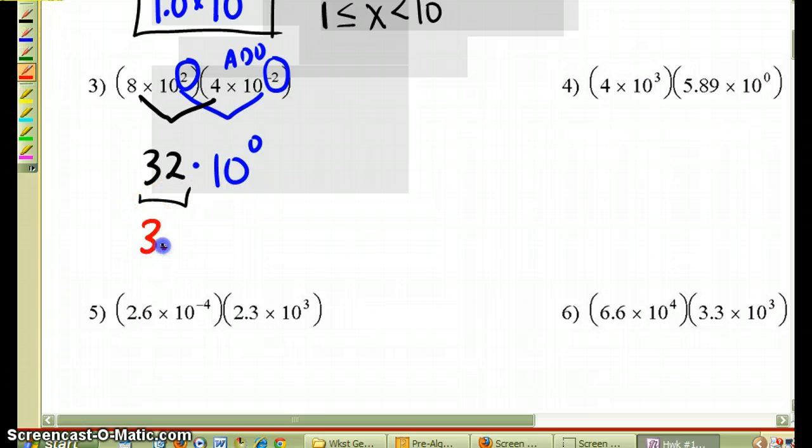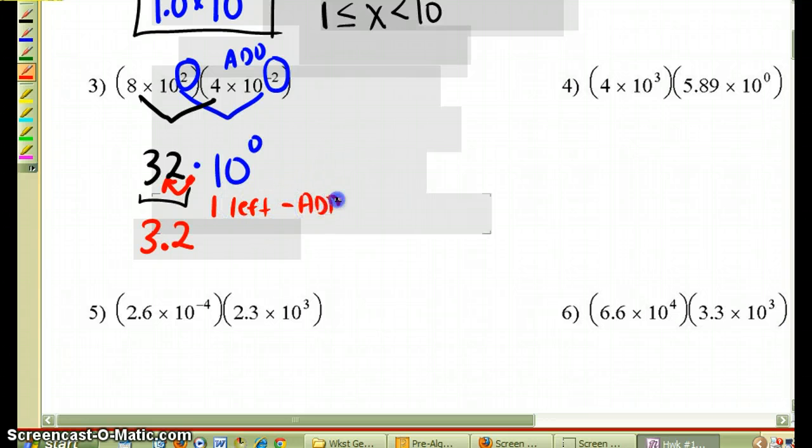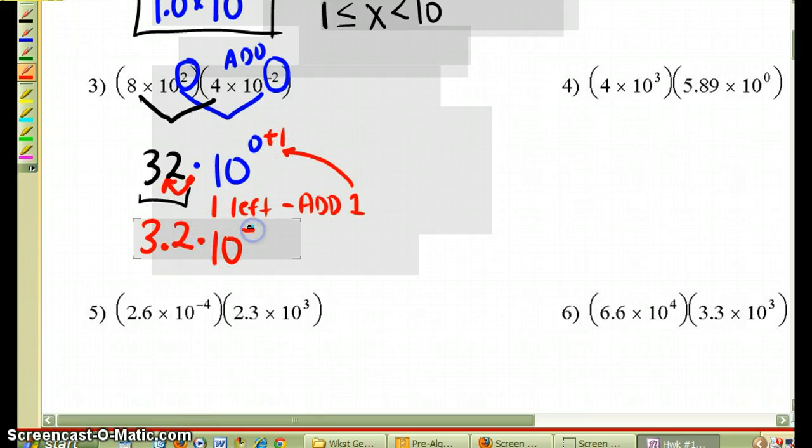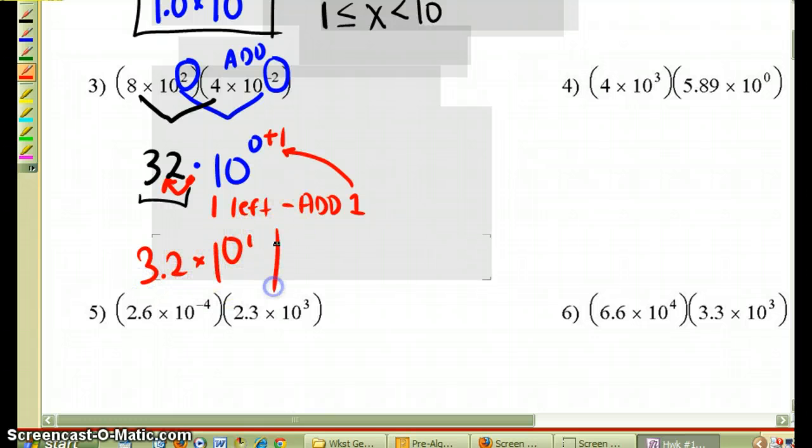So I'm going to do 3.2, meaning that the decimal was back here. I moved it once to the left, which means I'm going to add 1 to the exponent right here. So add 1 to the 0. So I'm going to get times 10 to the positive 1. I'm going to write that a little neater, I'm sorry. Power of 1.